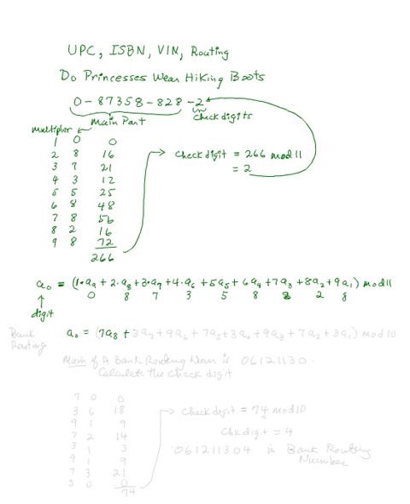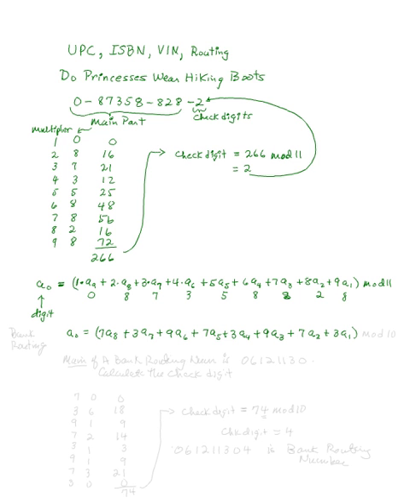And then it goes 7, 3, 9, so it would be 3 times A7 plus 9 times A6 plus, and now it goes again, 7, 3, 9. So it would be 7 times A5 plus 3 times A4 plus 9 times A3 plus, and then it starts again, 7 times A2 plus 3 times A1. But now A1 is right before the check digit, so that's where we're done.